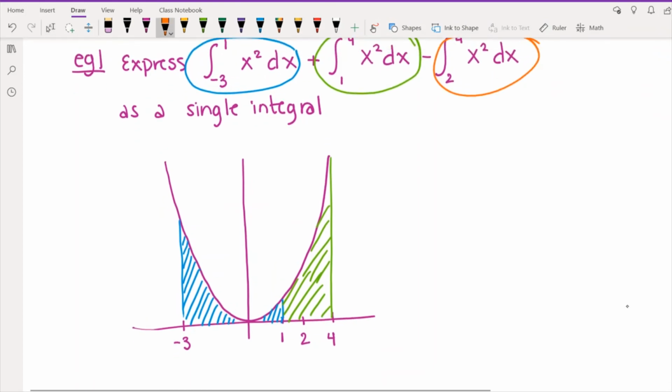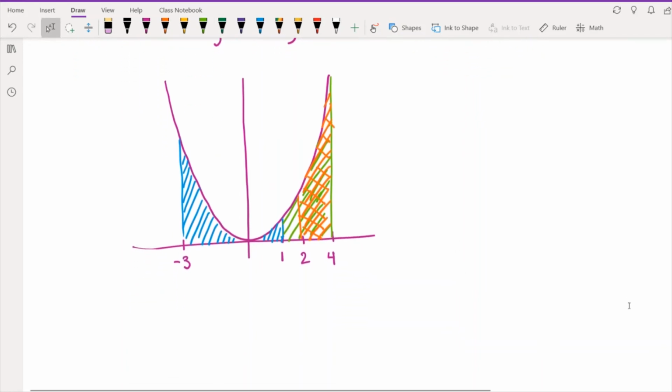That basically means that we want to get rid of this whole part, and we want to look at what we're left with. The part we're actually left with is the blue part plus the green part without the part that we crossed out in orange, right? So this is going to be the same as the integral from -3 to 2 of x squared dx.